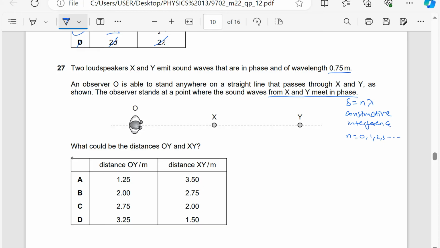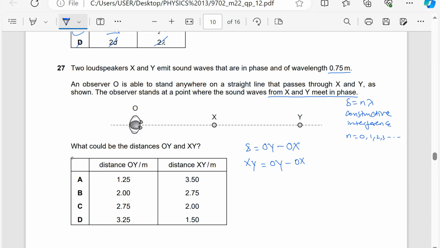So let's first find the path difference. The path difference is OY minus OX. That is the path difference. But also, the distance XY is also the same as OY minus OX.